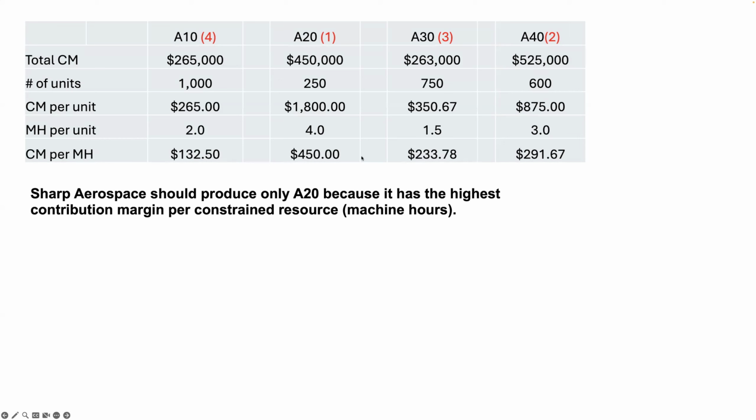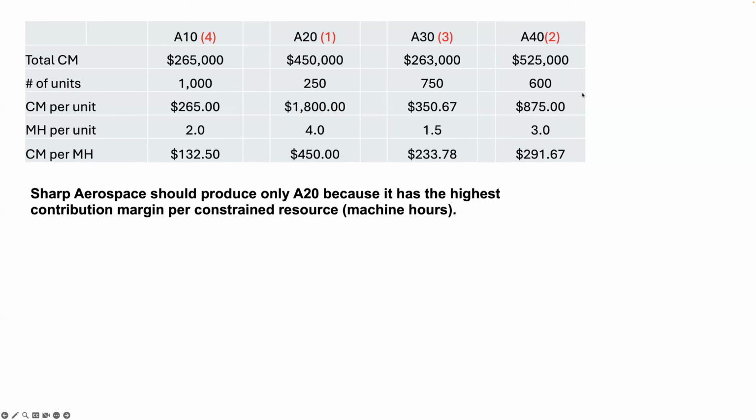Okay, so then you can see that the highest number is from A20, and then it's A40, and then A30, and A10 is the last, right? So my ranking is 4132, right?